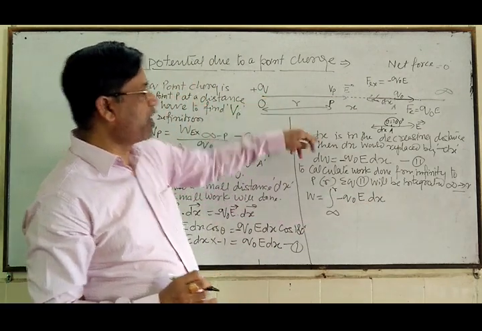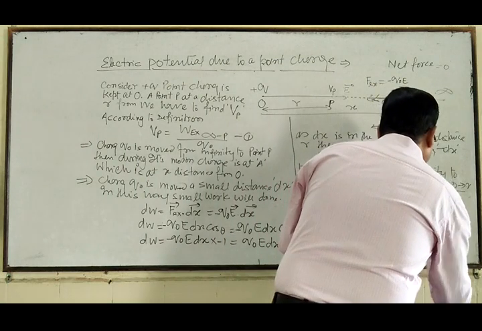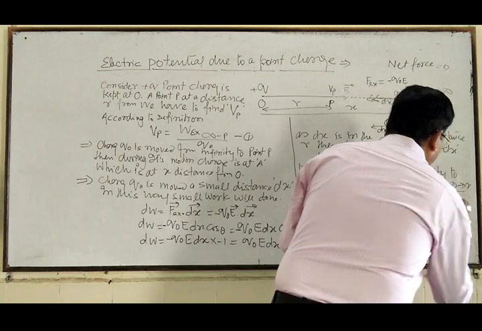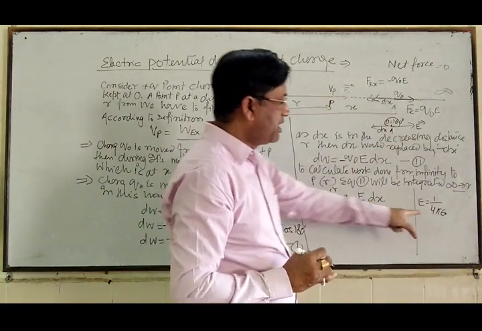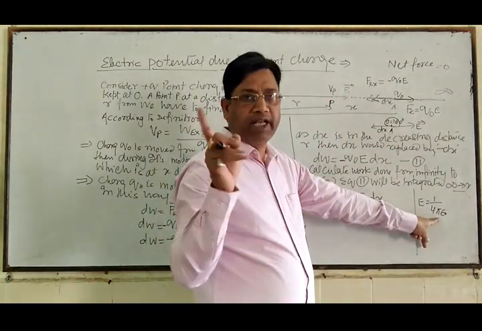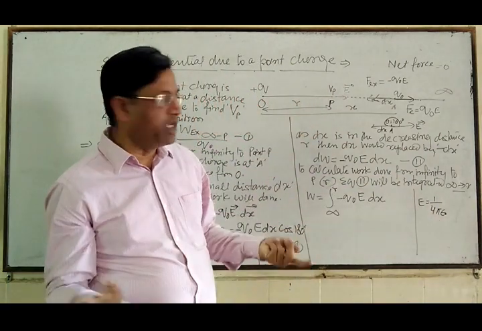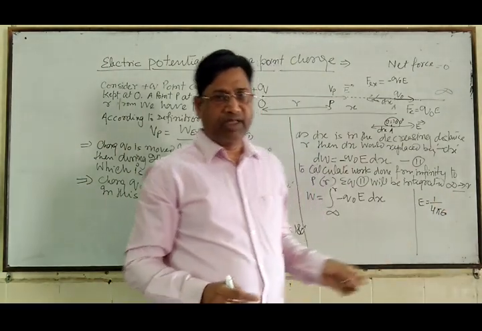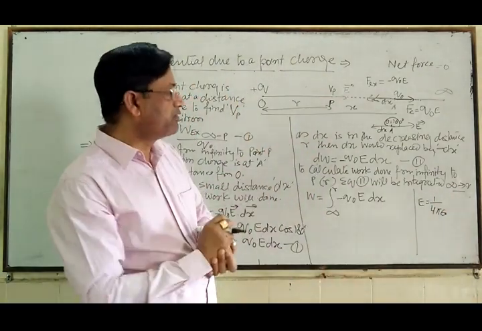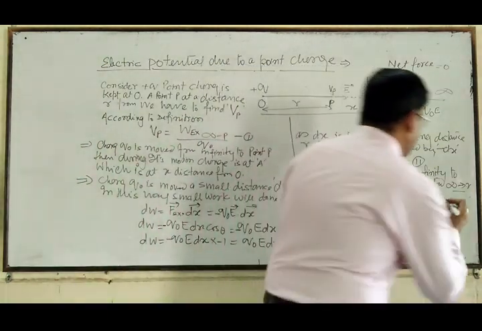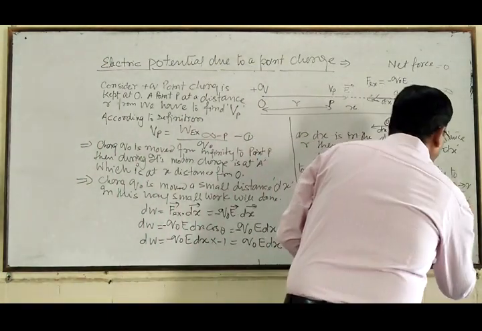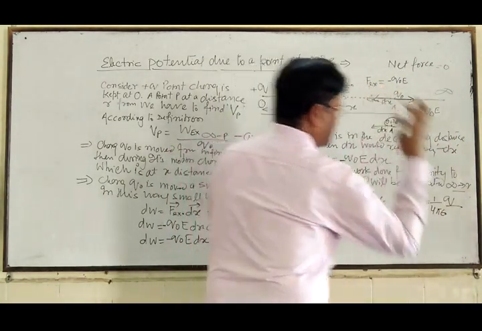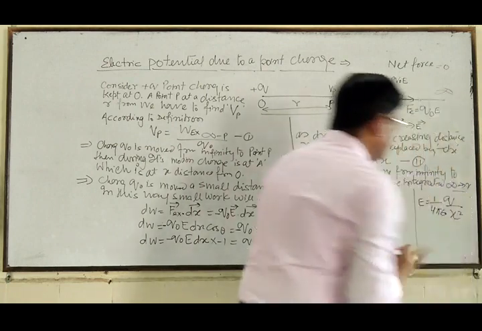The electric field due to a point charge, you know the formula, E is equal to 1 upon 4 pi epsilon naught. Charges are kept in free space, then it is equal to 1 upon 4 pi epsilon naught. If the charges are kept in any medium, then it is 1 upon 4 pi epsilon naught K. Now it is considered the charges are kept in free space, then it is equal to 1 upon 4 pi epsilon naught, and this charge Q, from this distance to point A, the distance is x, then it is upon x square.